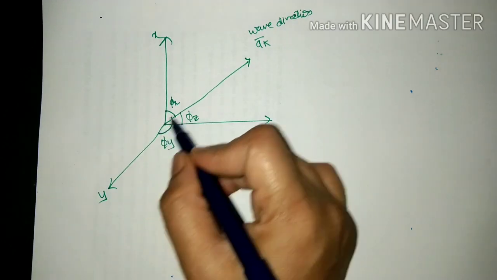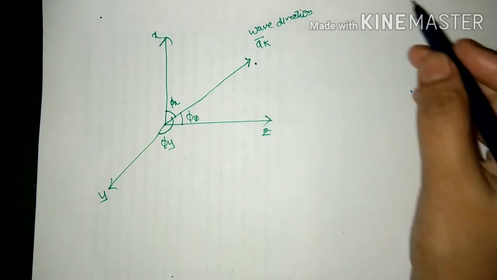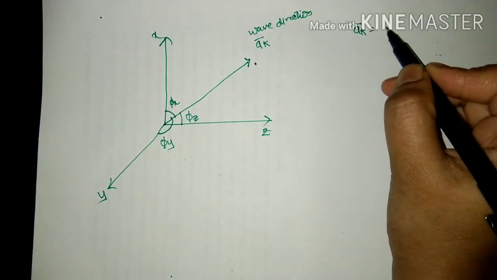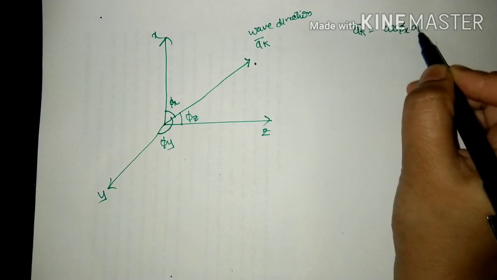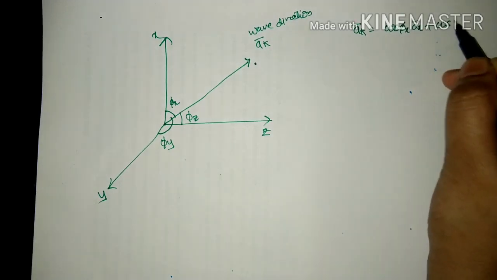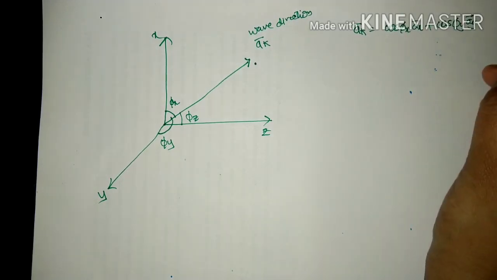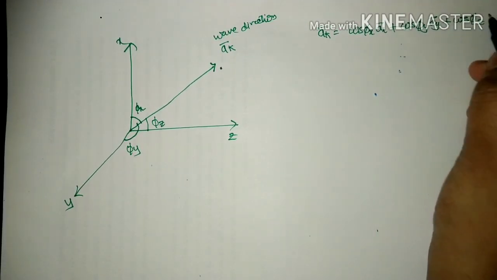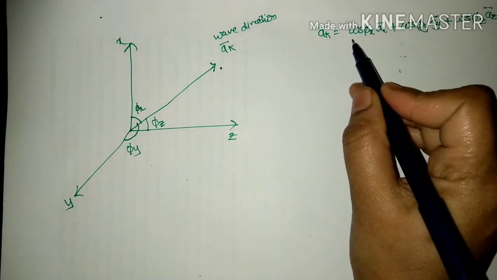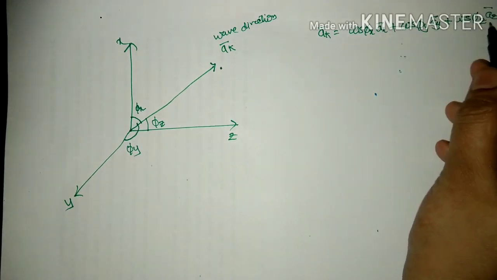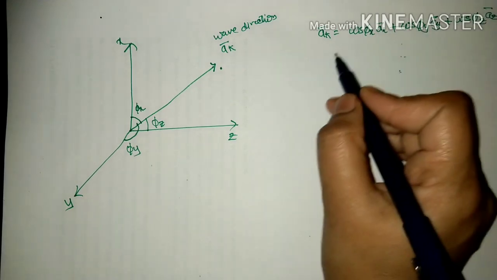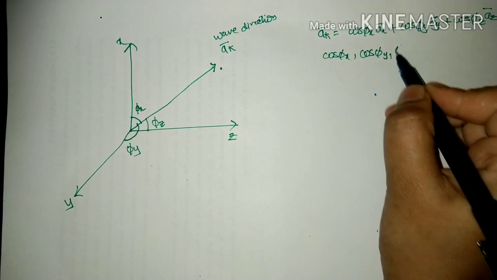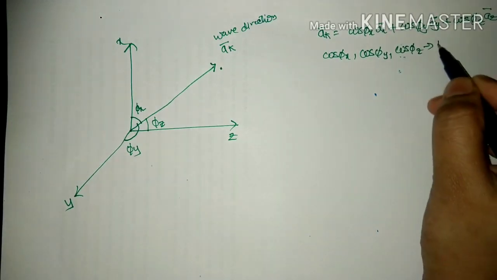Then the unit vector along this direction is a_k equal to cos phi x a_x plus cos phi y a_y plus cos phi z a_z. So cos phi x, cos phi y and cos phi z are called direction cosines.